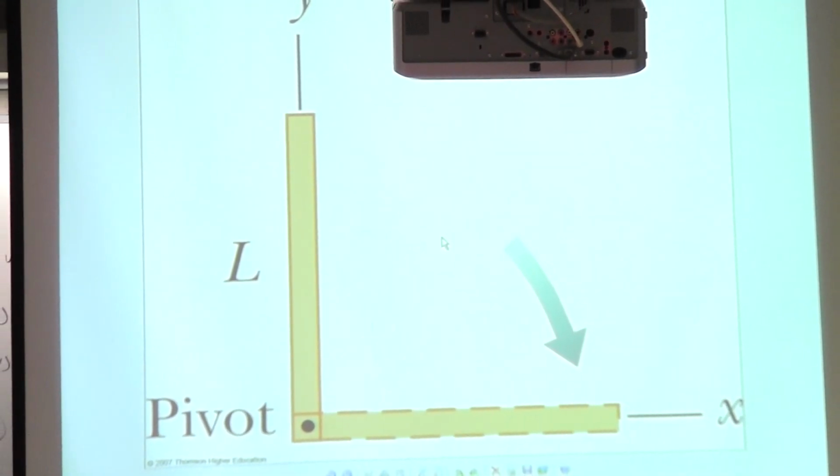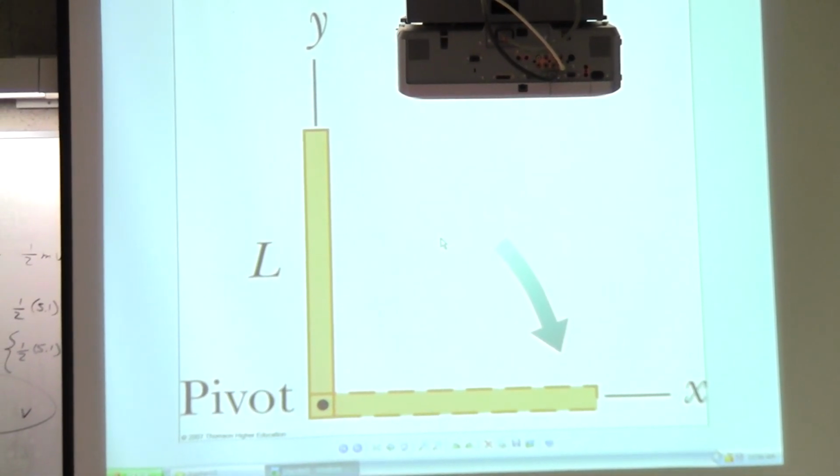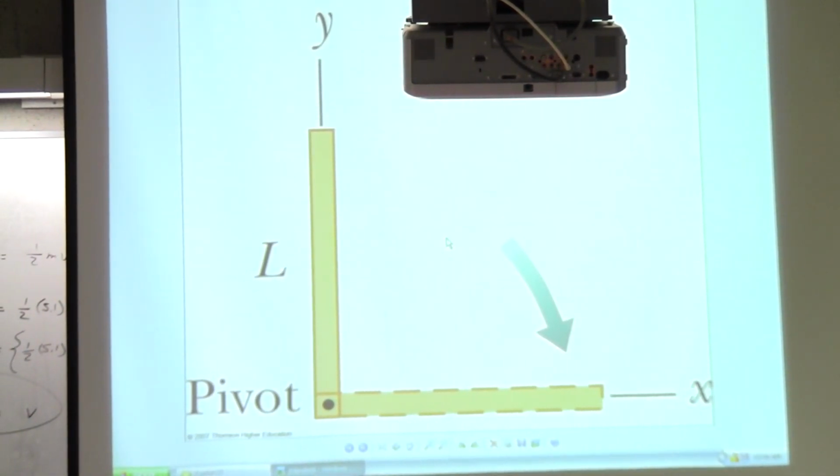The rod is released almost from rest in its vertical position as shown in the figure. At the instant the rod becomes horizontal, find its angular speed, its magnitude of acceleration, the x and y components of the acceleration of the center of mass, and D, the components of the reaction force at the hinge. All right, well, there's a lot to ask there, but maybe we can do it in 5 minutes.